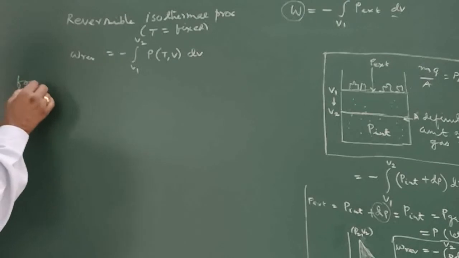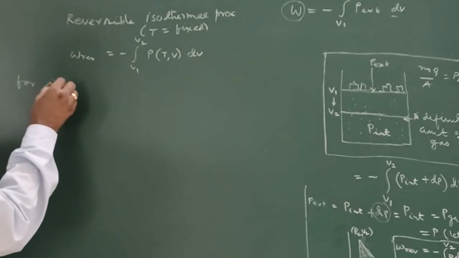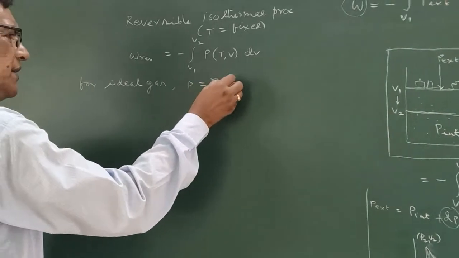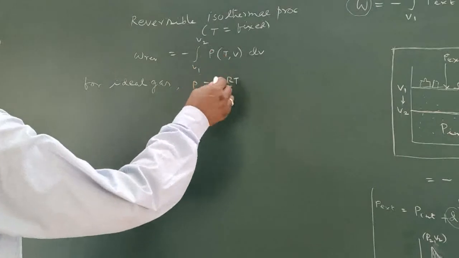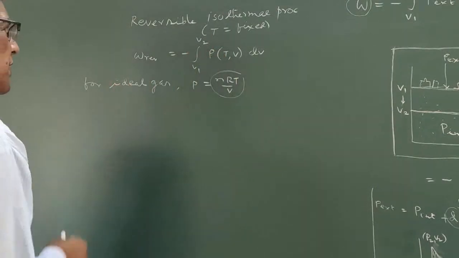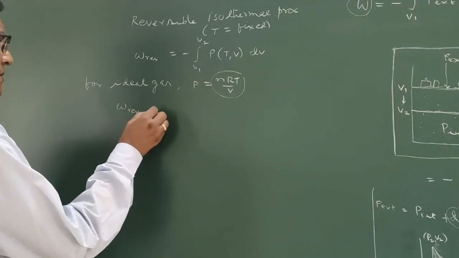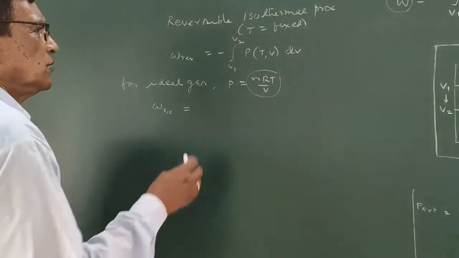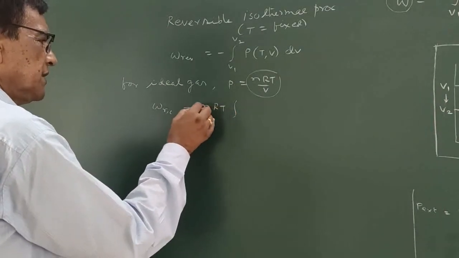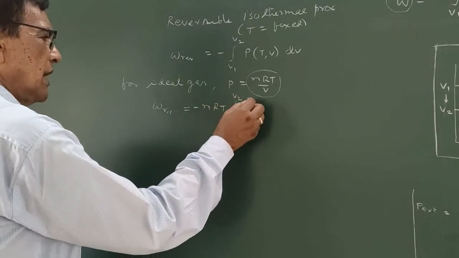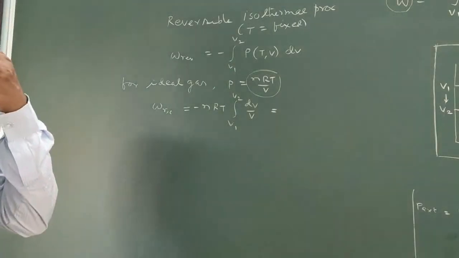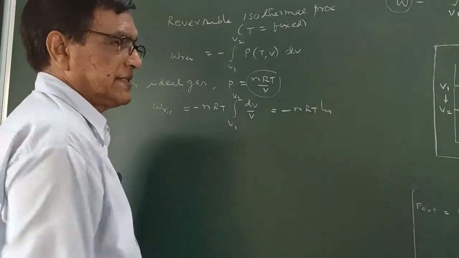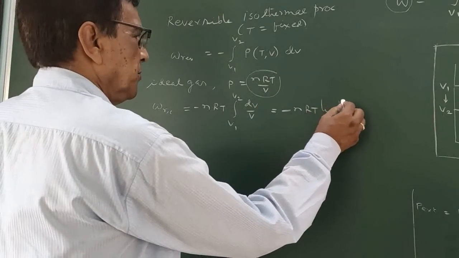And for an ideal gas, P equals nRT by V. Putting nRT by V instead of P, we get work reversible isothermal equal to minus nRT times the integral from V1 to V2 of dV by V. If we do the integration and put in the limits, this equals minus nRT ln V2 by V1.